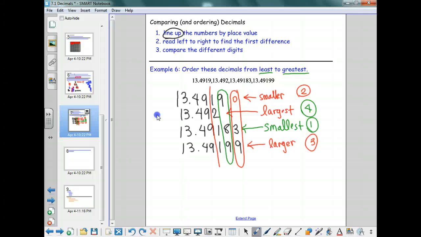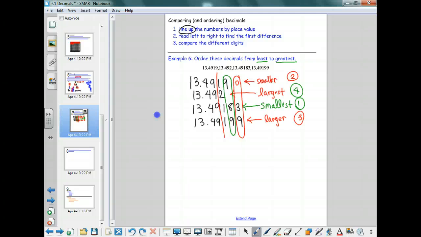So I'm going to use the symbols because some of you didn't think to do it that way, which is fine. But I'm just going to show you how to do that with this particular one. So I'm going to list the smallest one first, which is 13.49183. That's my smallest. And I'm going to put a less than sign.